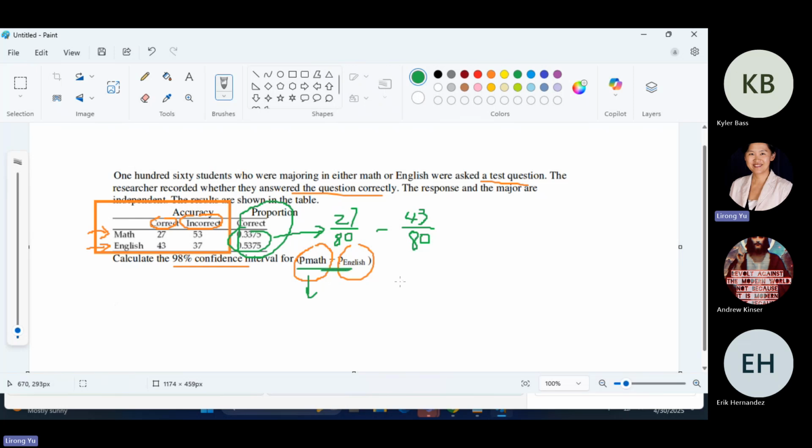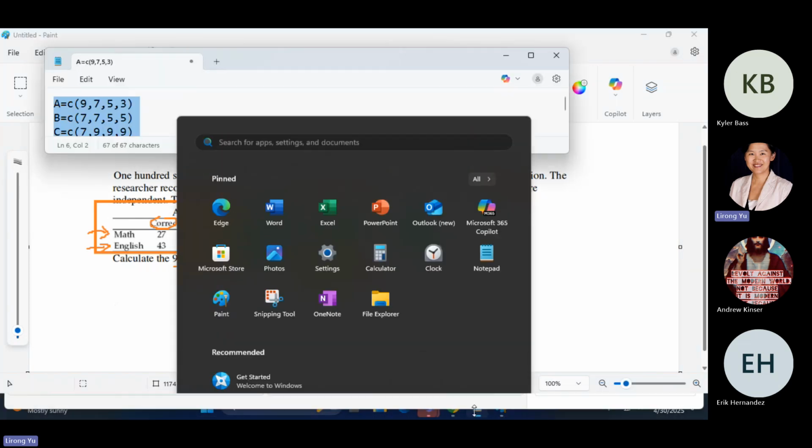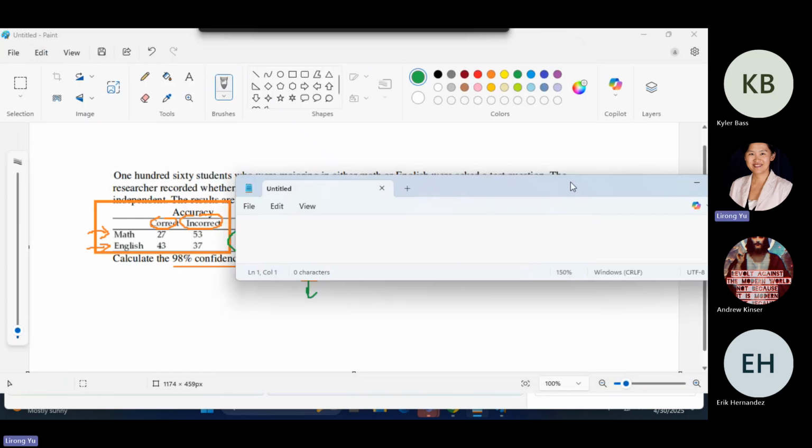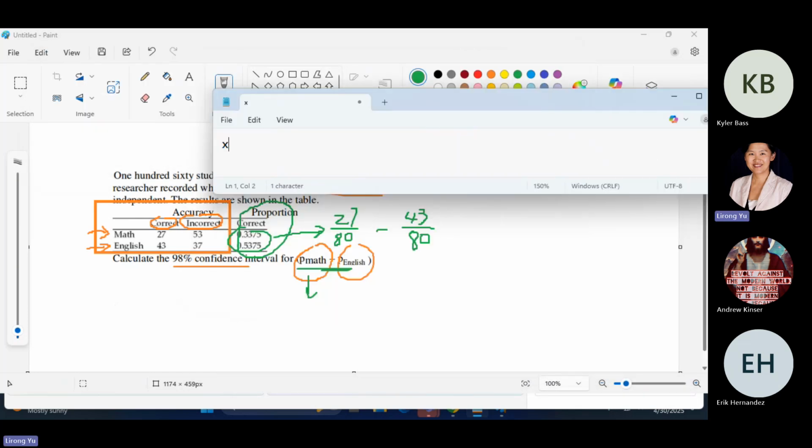Then you have to use all the numbers to come up with your 98% confidence interval. Now we haven't done a lot of that, but you can follow along. Essentially we have the number of successes in the first group, X1, which is 27, and the sample size for the math students is 27 plus 53, so there are 80 students, right?